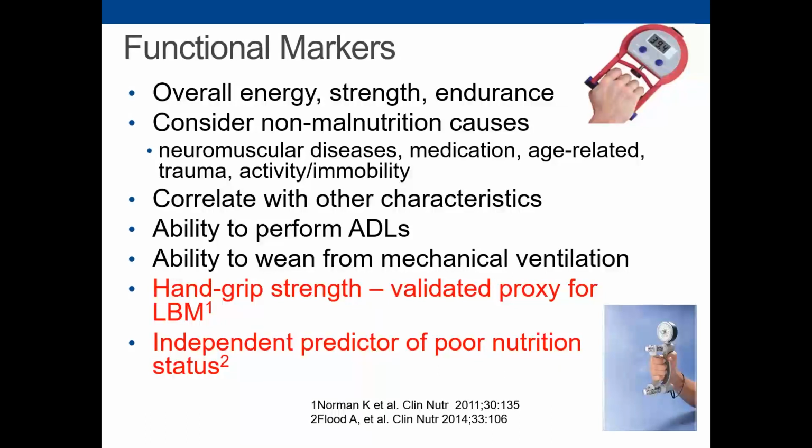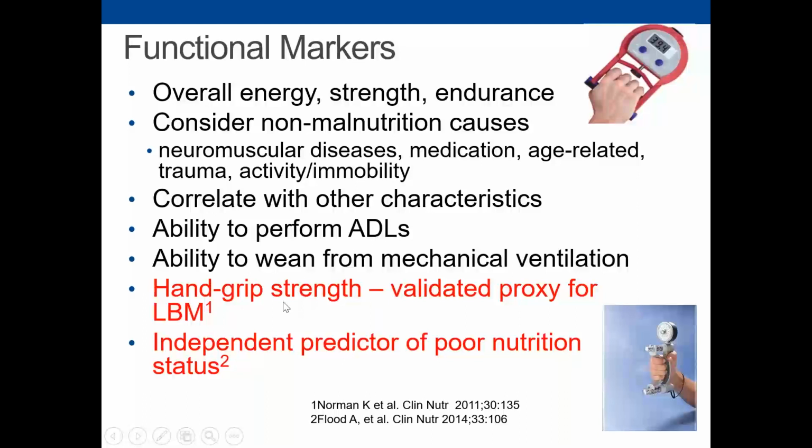In fact, you may have seen the recruitment efforts, and they will be assessing hand grip strength as a parameter, as well as other functional parameters, including some of these others that you see listed, ability to perform ADLs. There may be a performance scale that's included in that validation study.